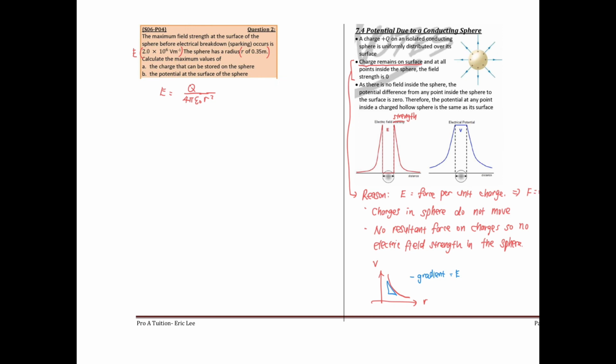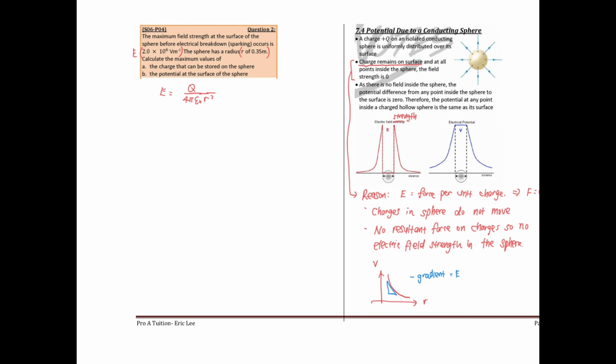Be careful with the r here. The r for a point charge is the distance from one point to another point, but for a sphere, the r here is the radius. That's the difference.